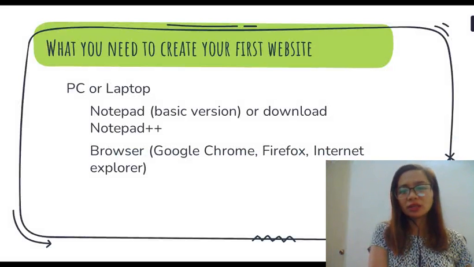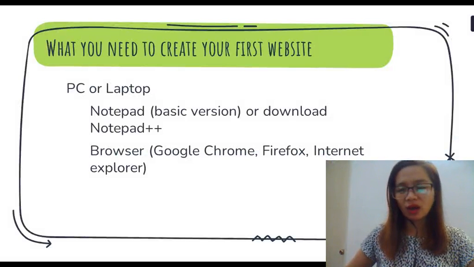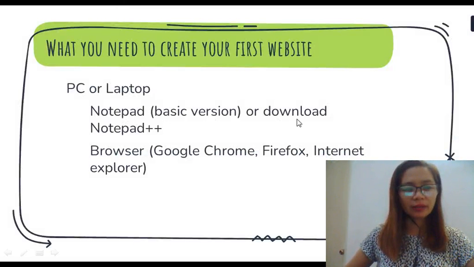So what are the things you need to create your first website? It is advisable that you have your PC or laptop. In your laptop, a pre-installed Windows accessory known as Notepad can be used, or if you want a pro version, you may download Notepad++ to provide color for your easy coding.